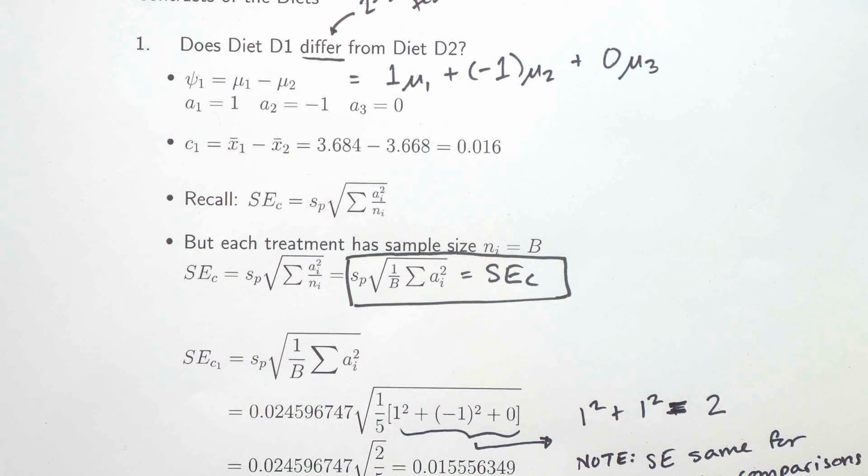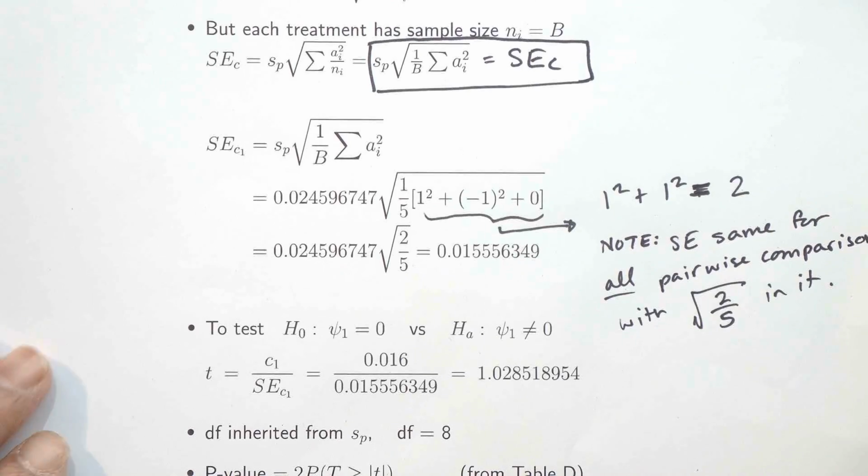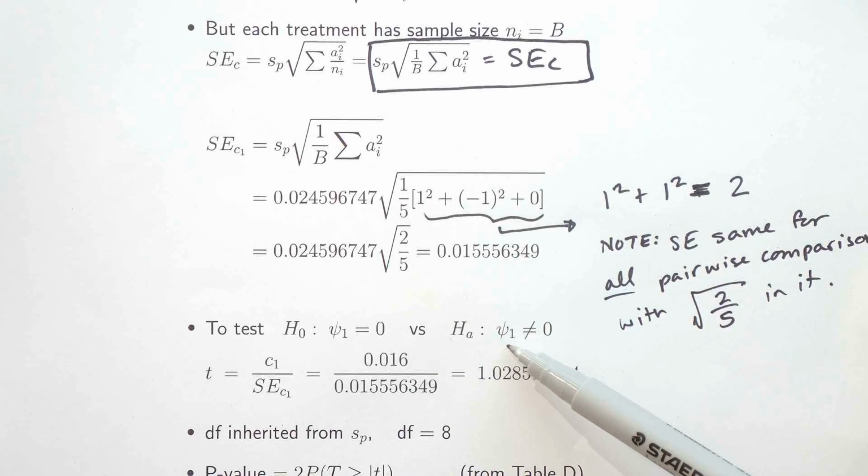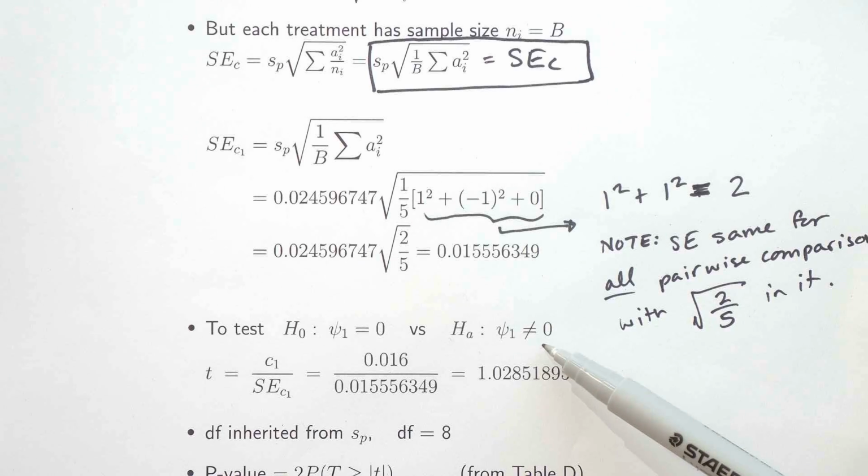When we do our hypothesis test, the null hypothesis is that psi1 is equal to 0 versus the alternative. Sorry, let me move this up so you can see it. So then we will want psi1 unequal to 0, so a two-sided test in our alternative.